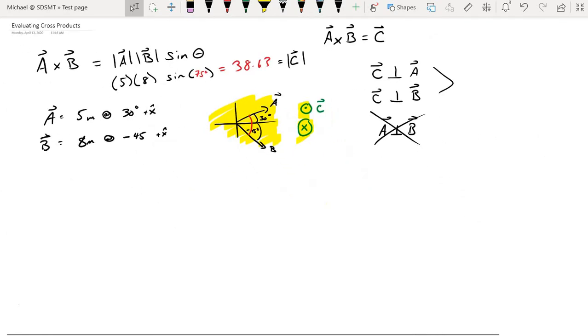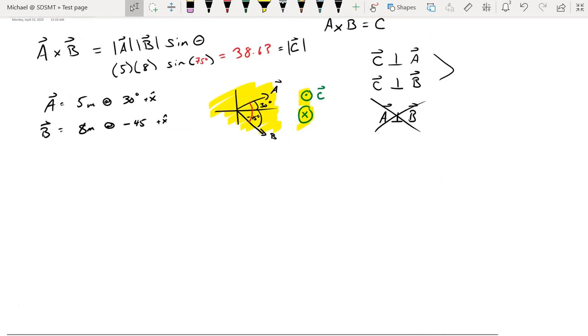And the way that we can figure that out is we need some more information about the vectors themselves. I need to know what directions the vectors are pointing, or more specifically, what direction the components of those vectors are pointing.